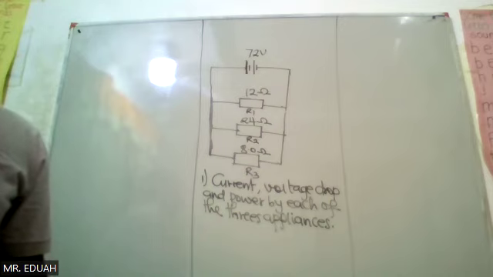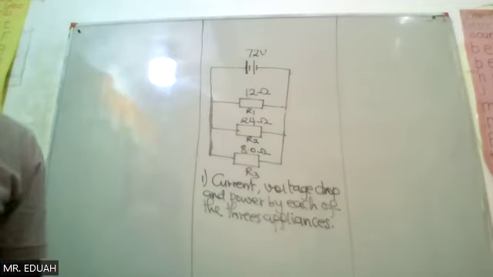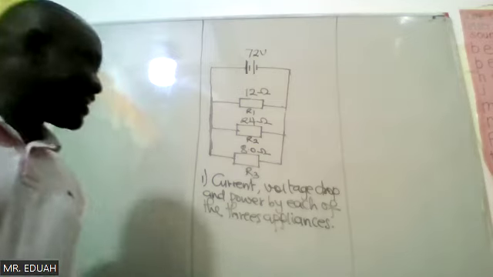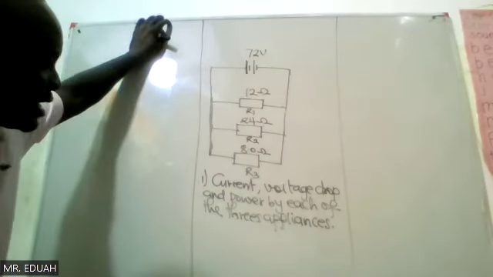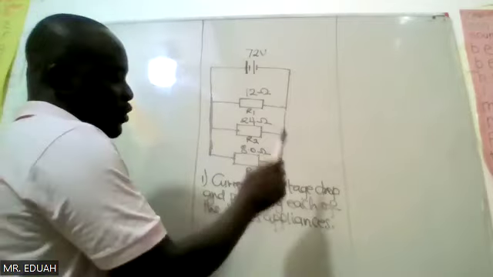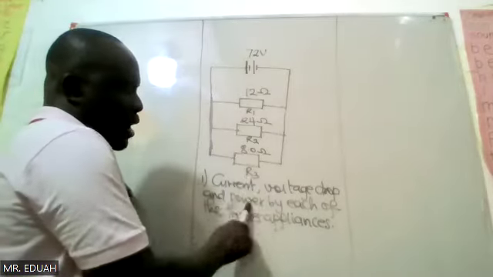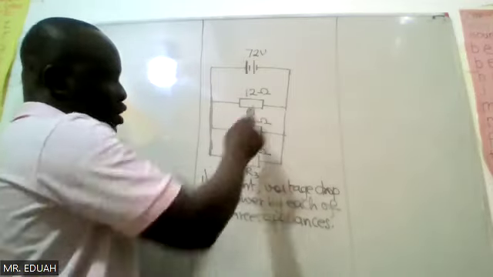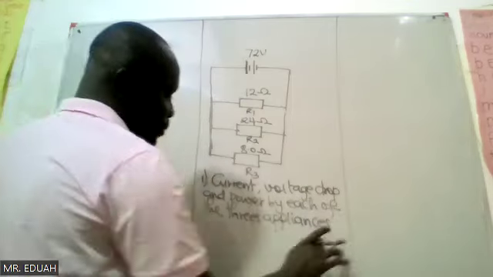Beryl, you are welcome. Thank you, Mr. Eliana, we are looking for what the question says: what is the current, voltage drop, and the power by each of the three appliances connected in parallel.